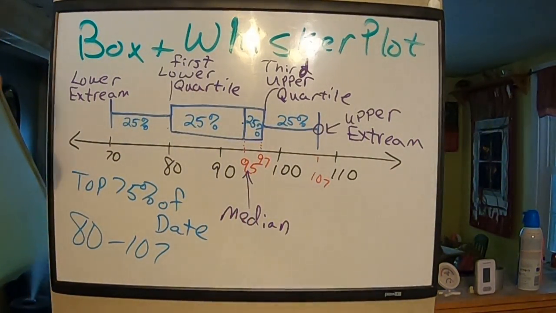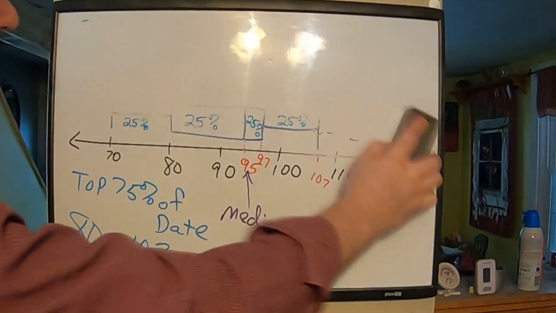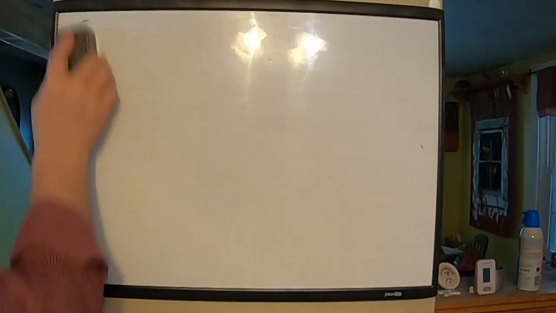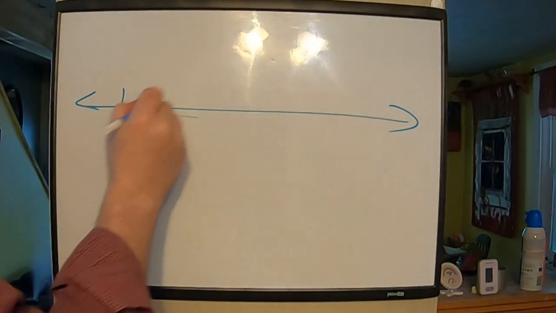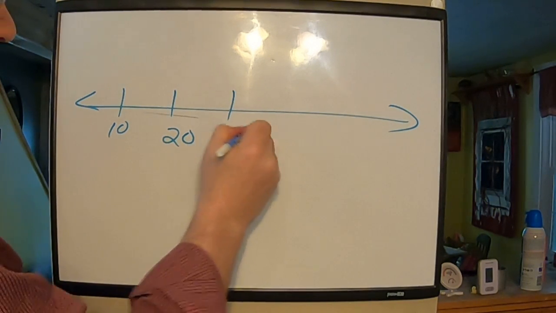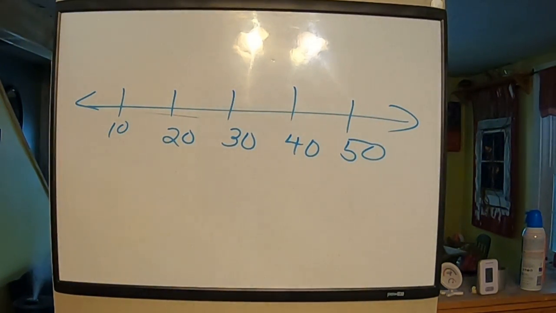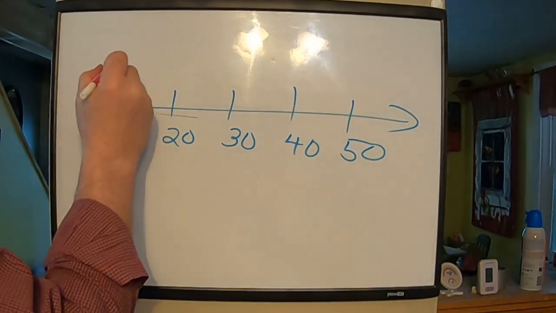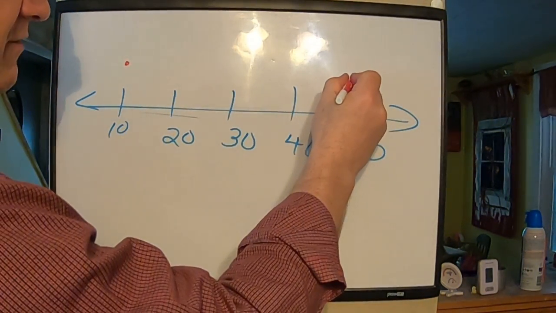So let me do another box and whisker for you so that you can see another example. Say your number line was here, and you have 10, 20, 30, 40, 50, just so we have some numbers here. Say we have our lower extreme at 10, upper extreme at 50, just to have values.